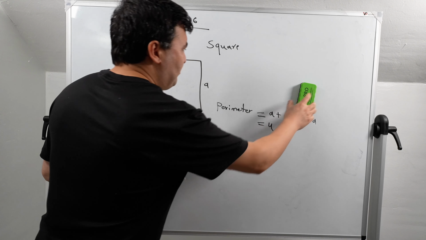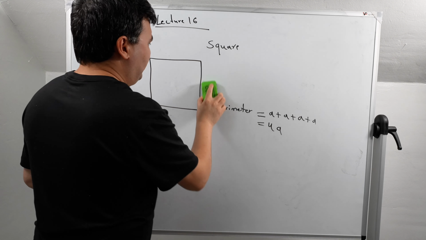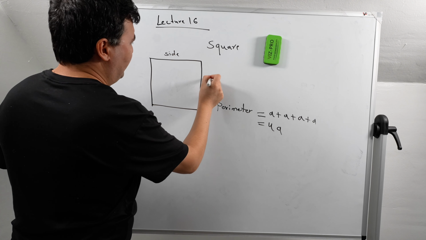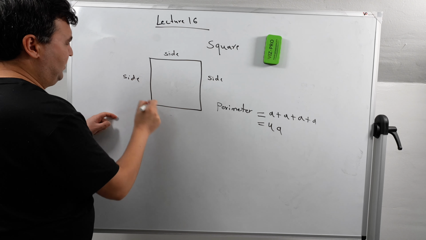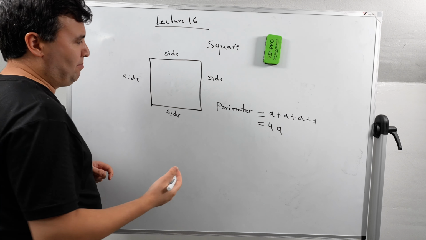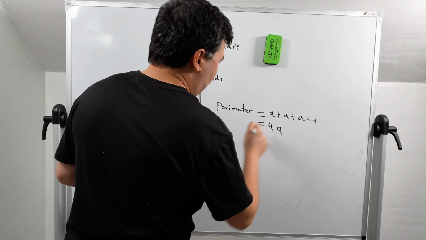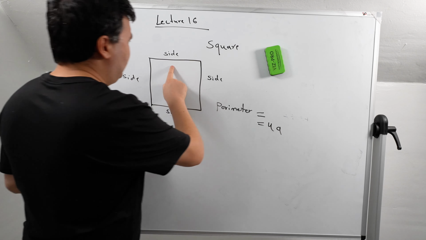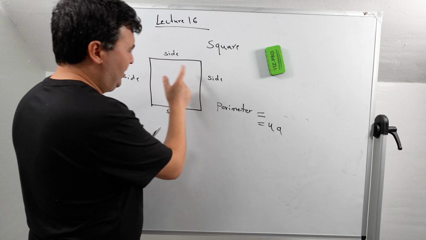It's better to put side here instead of A. This is another side. So we have 4 sides. If we calculate the perimeter, it means we take the total of these 4 sides. So we add this side, this side, this side, this side together. All 4 sides become the perimeter of this square.